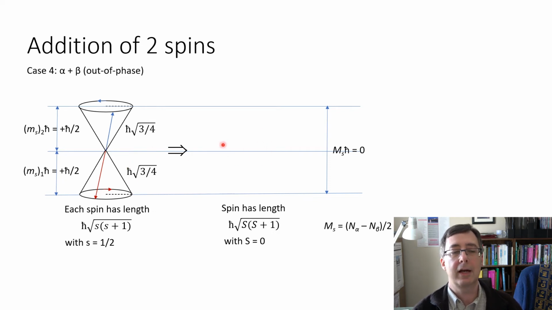So if you like, they're out of phase with respect to x and y. So the xy part cancels, the z part also cancels, and I get just nothing. I get complete cancellation of these two vectors. This will still fit my general formula if I use s equals 0 to get the 0 length, and then the projection is obviously also 0, which still fits one alpha and one beta electron canceling and giving me nothing. So that is a fourth possibility for the addition of two spins.